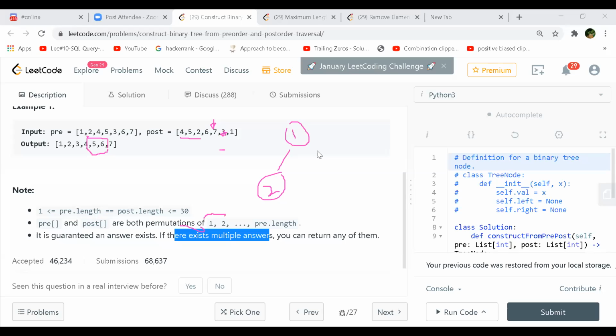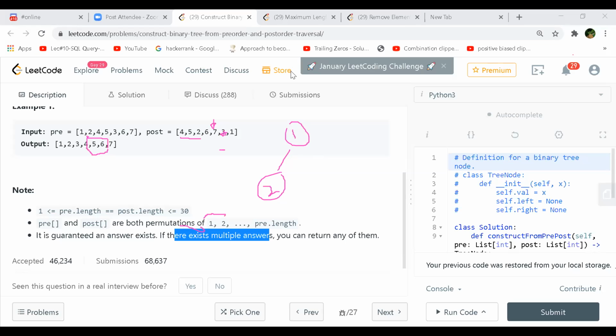If you compare those three, 6, 7, 3 in your pre-order, they are 3, 6, 7. So 3 should be your right subtree's root. So from 1, you will have a root which is 3, and then 6 and 7 will be its children, right? And if you go deeper, after 3 you have 6 and 7 in the post order, and also 6 and 7 in the pre-order.